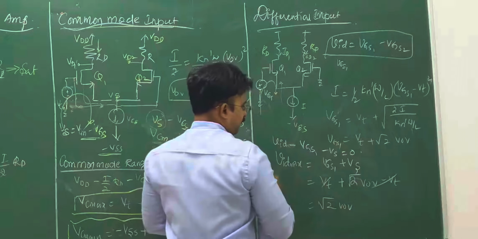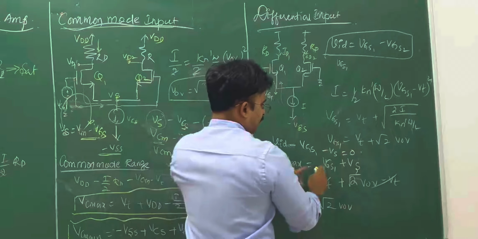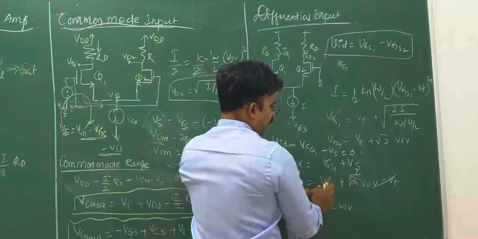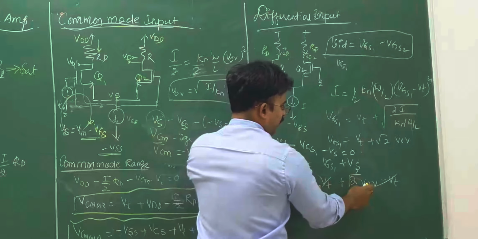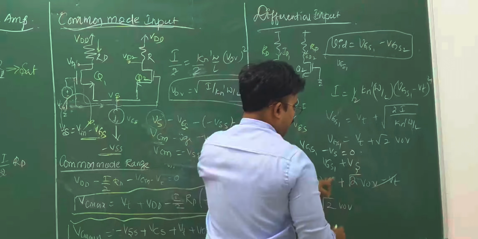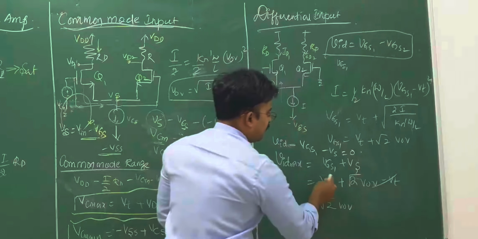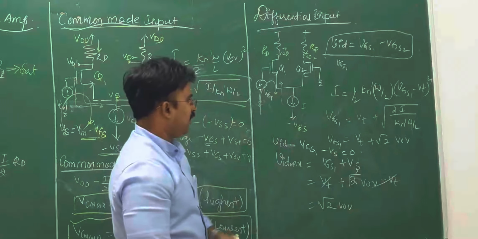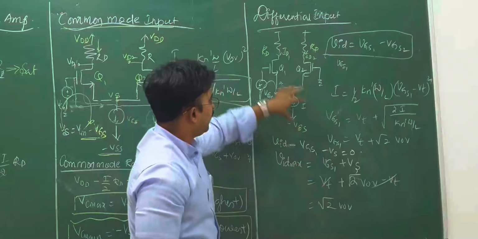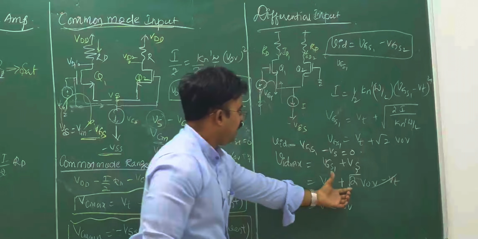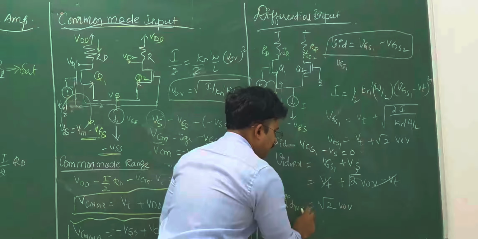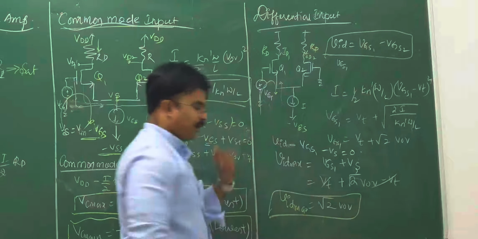When I simplify and rearrange, I use VGS1 equal to VT plus under root V overdrive. Minus VT and minus VT get cancelled. So VID max is nothing but under root 2 V overdrive in the positive direction.